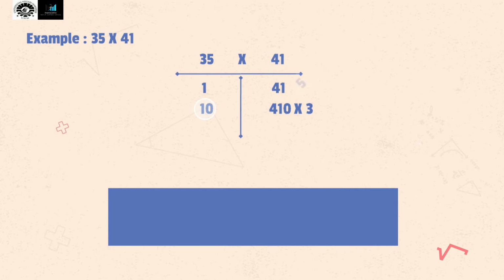Which means that 5 times 41 is 205. Next, 410 plus 410 plus 410 plus 205 is equal to 1435.